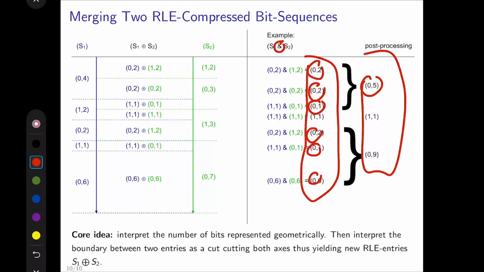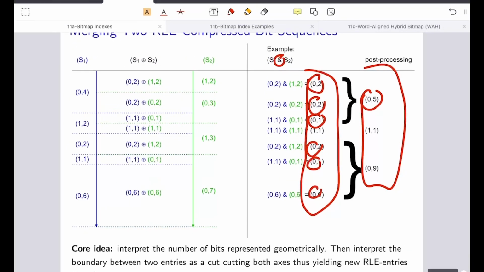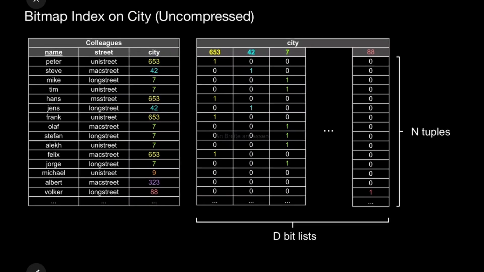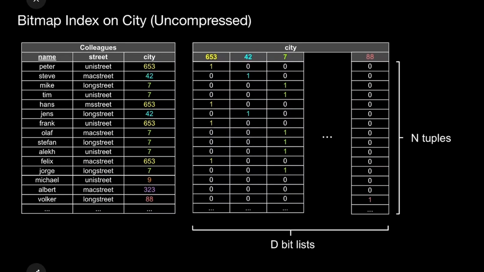Any questions? Clear? Okay. And the variant of that, the simplified version of that, is called word-aligned hybrid bitmap. So let's start with this example again. We have the city attribute. We have all the different occurrences.